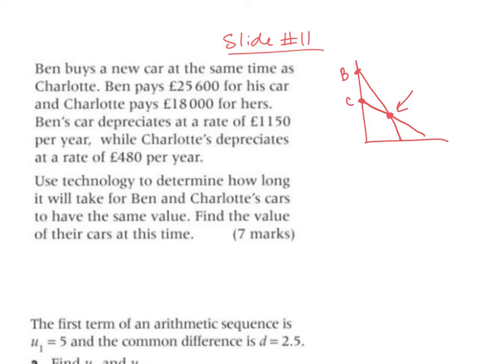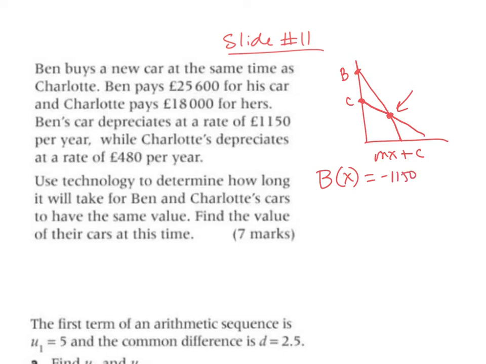So if we're going to do that, we need two equations. So let's write it in terms of, I'm going to call Ben's car his function b of x, where b is the value of Ben's car, x is the number of years. I'm going to write them both in mx plus c form. So Ben's slope would be negative 1150.